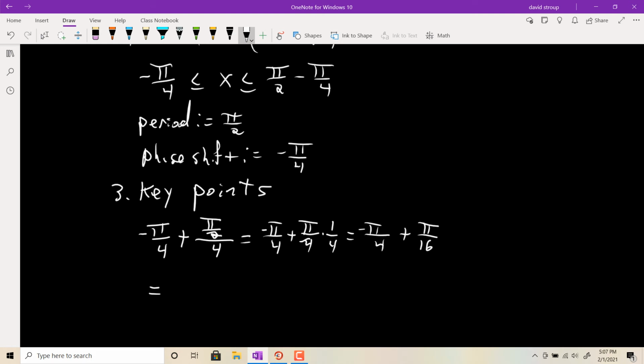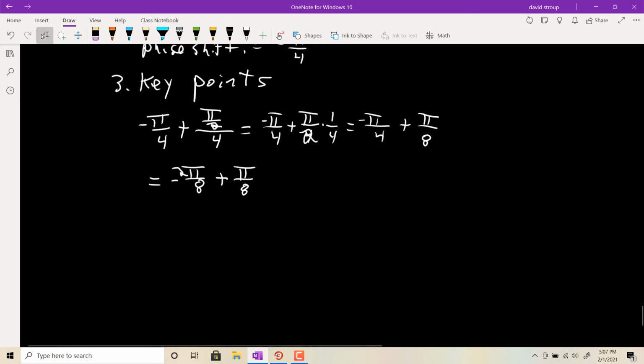So this is pi over 2 divided by 4, so it's pi over 8. Sorry about that. Okay, so the common denominator is going to be 8. So negative 2 pi over 8. And then you're moving by pi over 8s. Start at negative 2 pi over 8 and then move by pi over 8.